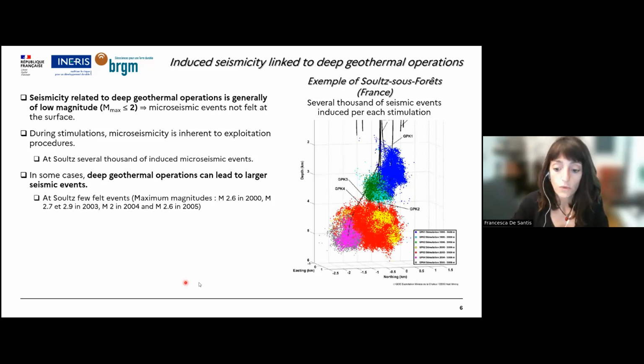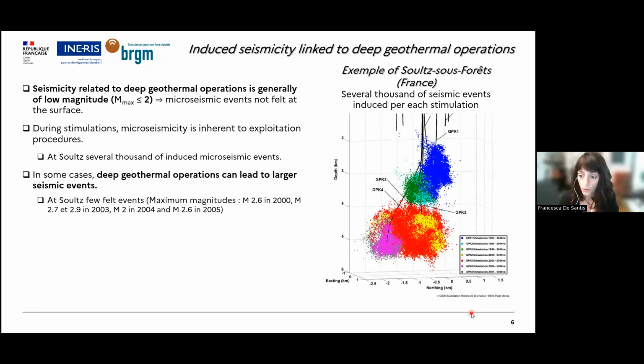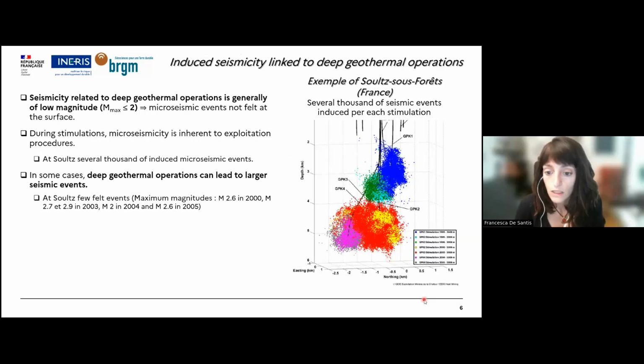Just to give you an example, in this image you can see the seismicity related to different stimulations of the deep wells of the Soultz project in France. For each of these stimulations, we had several thousand seismic events, of which most of them, or even all of them, are microseismic events, which means that they are characterized by very low magnitude.